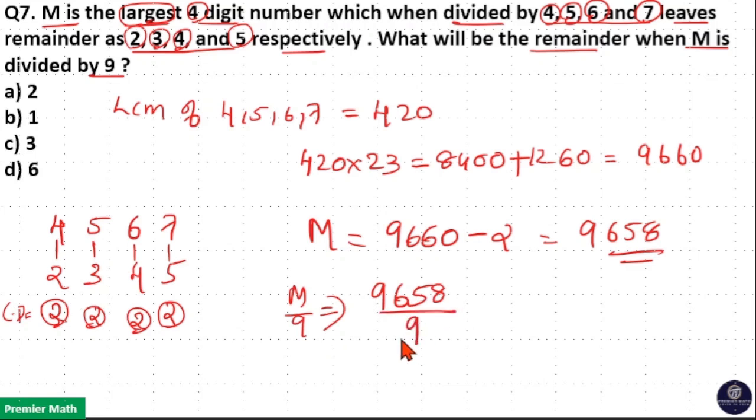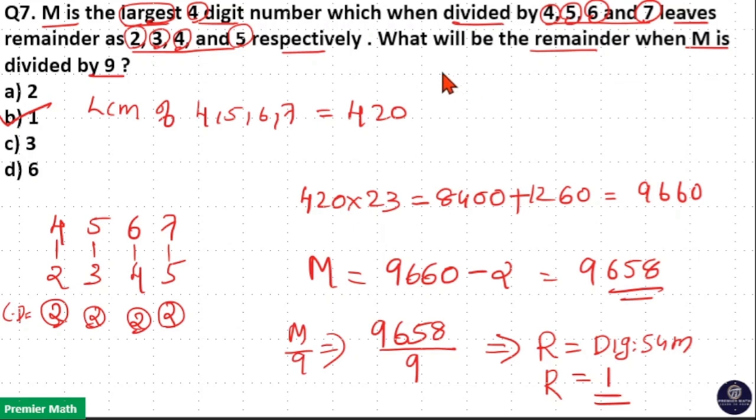When a number is divided by 9, just take the digital sum. So, the remainder is the digital sum. Here, the digital sum is: 9 cancels, 8 plus 5 plus 6 is equal to 28. 28 means 2 plus 8, 10. So, 1 is the digital sum. So, the remainder is 1. Remainder 1 means your answer is option B.